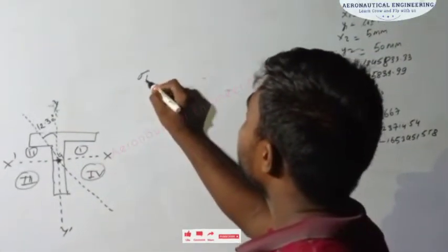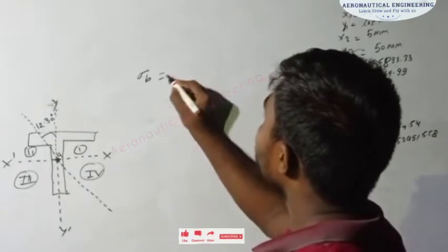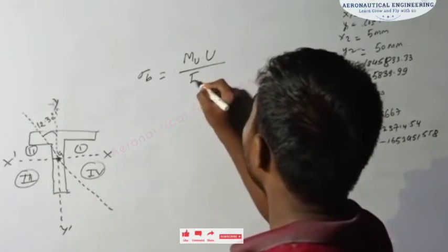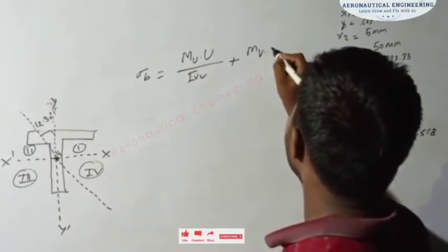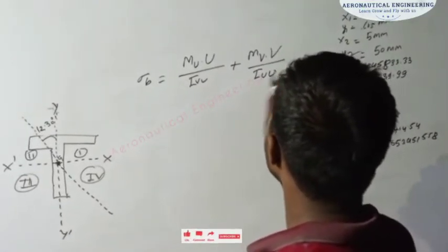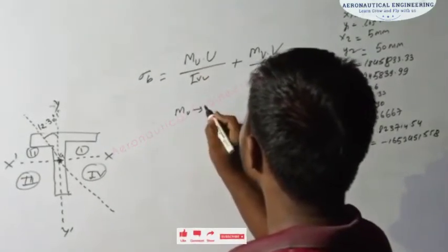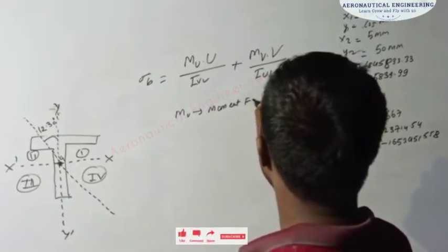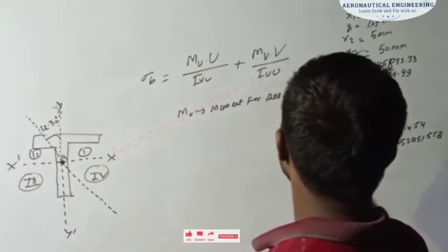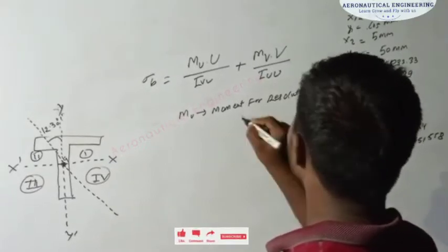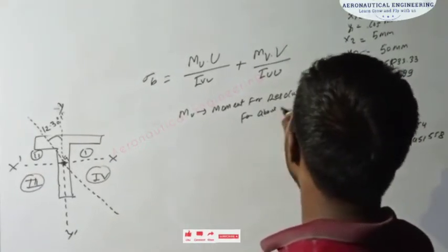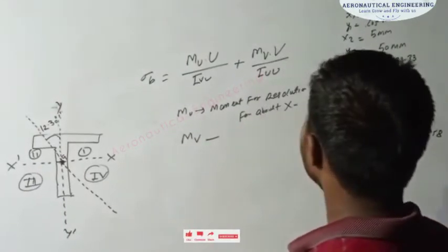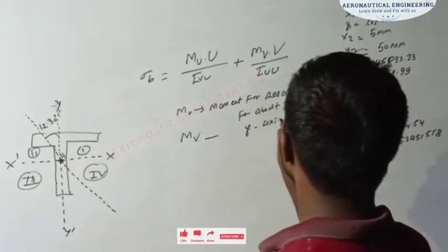Now we have to find the bending stress for the section. The bending stress formula is Mu times u upon IVV plus Mv times v by IUU. In this formula, Mu represents the moment of resolution of force about the x-axis and Mv represents the moment of resolution of force about the y-axis.